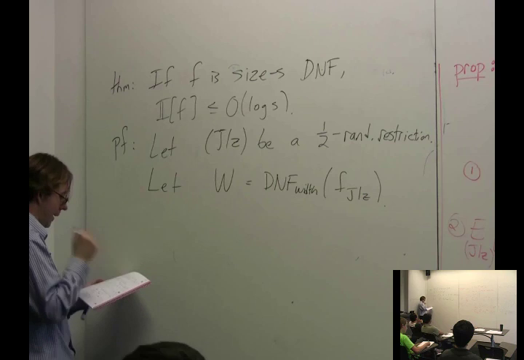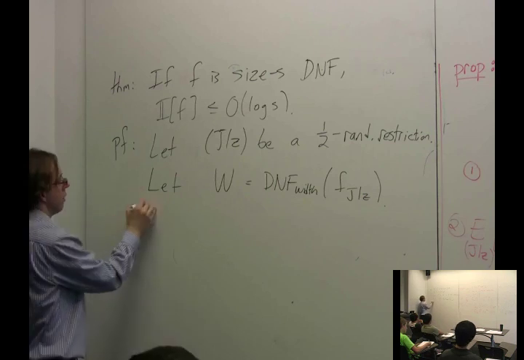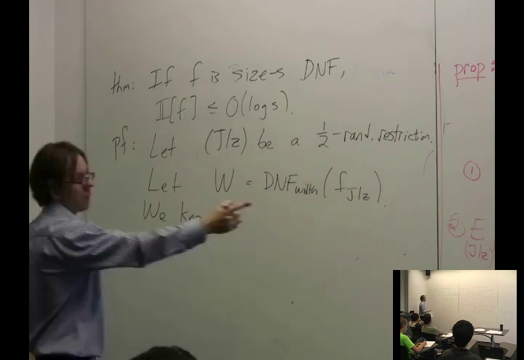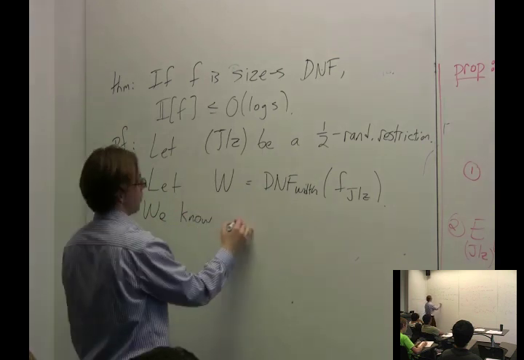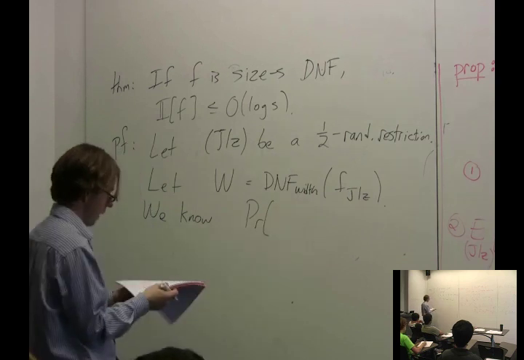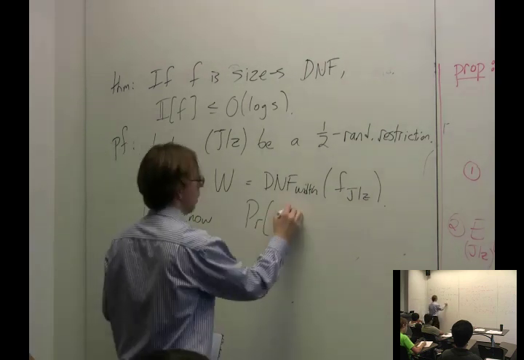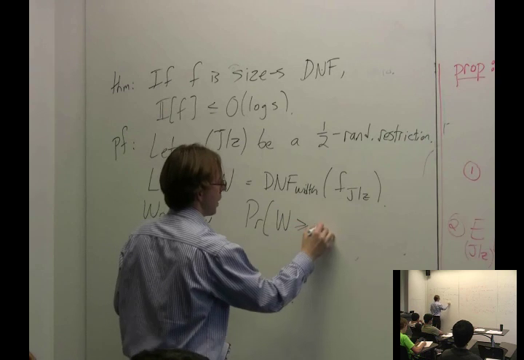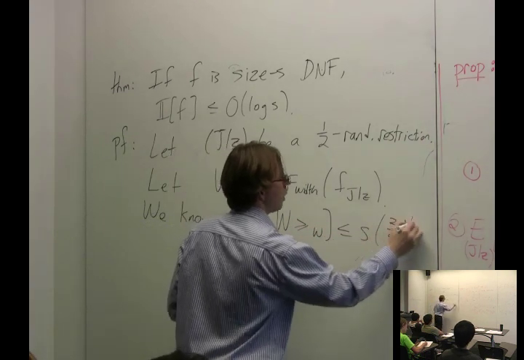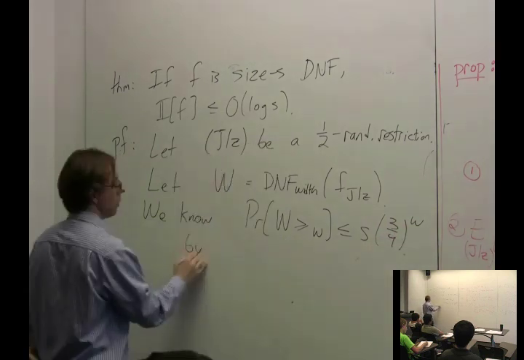And we know by this previous lemma that the probability that W is bigger than some fixed little w is at most S times 3/4 to the little w, by the lemma and a union bound.